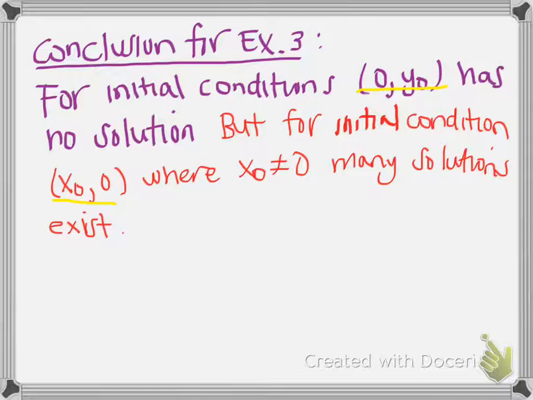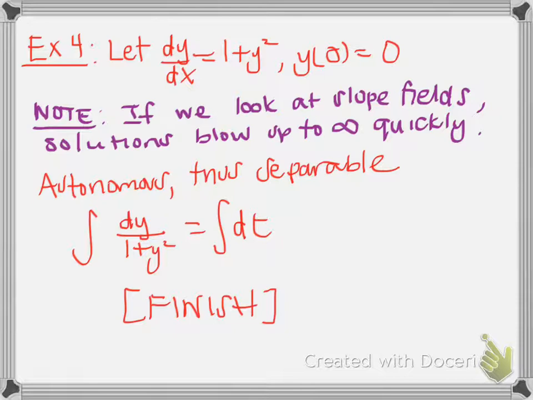And don't confuse the initial condition with looking at the point 0, 0, because as we saw, there are solutions that go through the point 0, 0, but the initial condition x sub 0 cannot be 0.